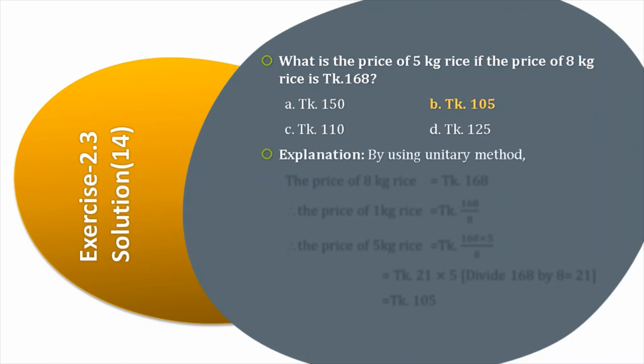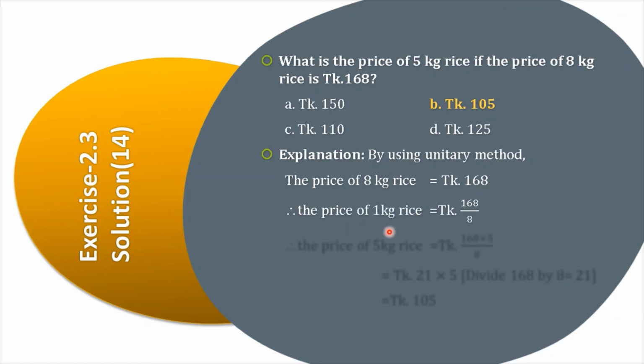By using the unitary method, the price of 8 kg rice equals taka 168. So the price of 1 kg rice would be less, so we divide 168 by 8. The price of 5 kg rice equals taka 168 multiplied by 5, divided by 8.